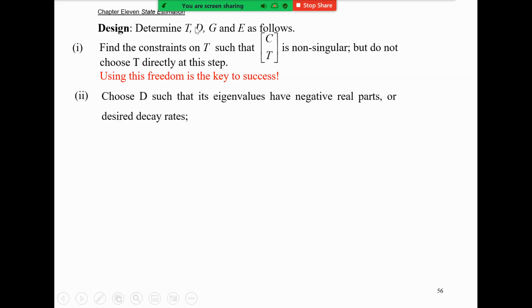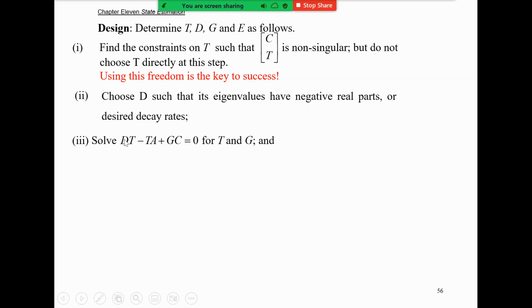All right, how are we going to design D? We know that D has to be stable, which means all the eigenvalues have to have negative real parts. Once you design your D, you try to solve the equation DT minus TA plus GC equals 0.